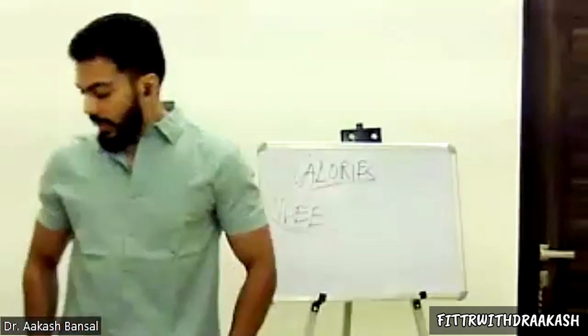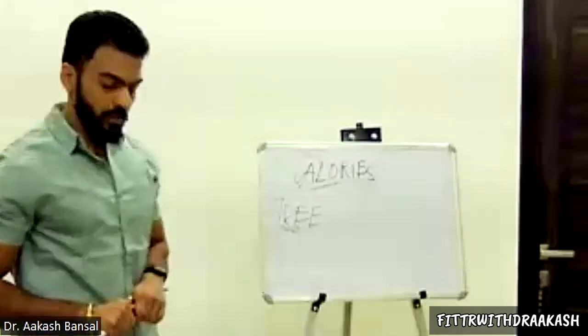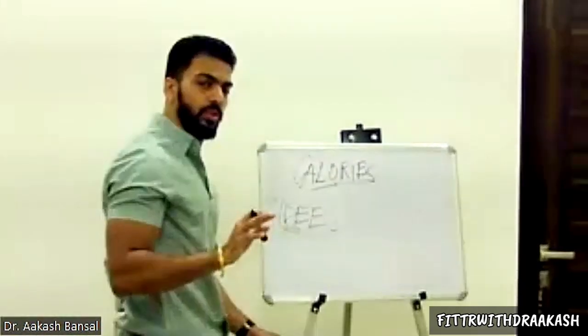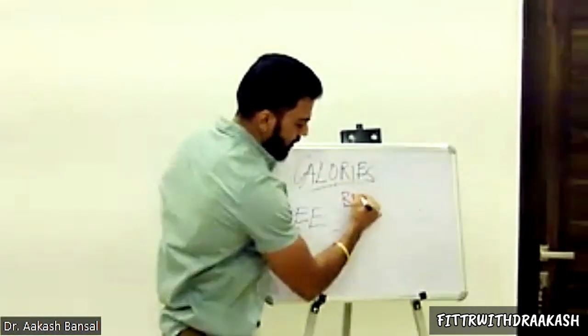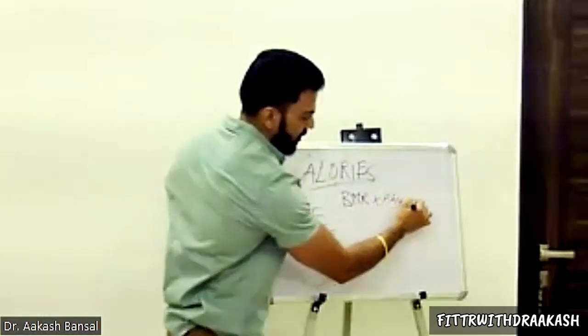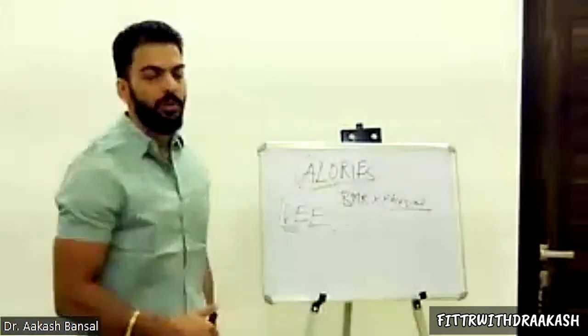Perfect. So now, how do we know what my TDEE is? In the calculators, you will see that they always focus upon a very simple formula: BMR multiplied by a certain physical activity factor. This physical activity factor depends upon how active you are.